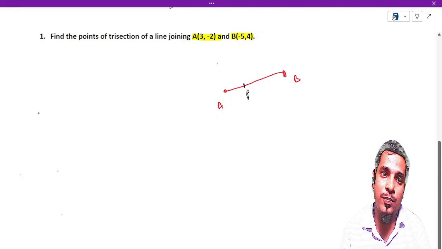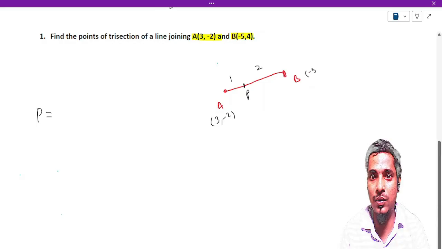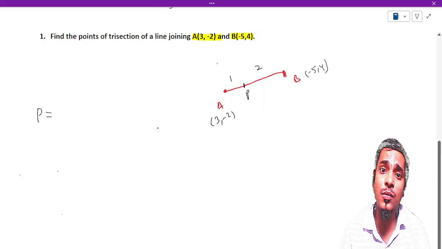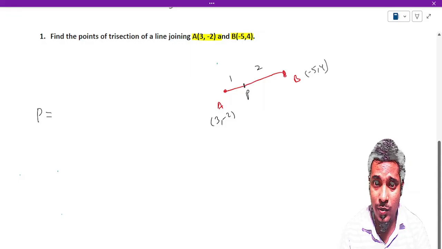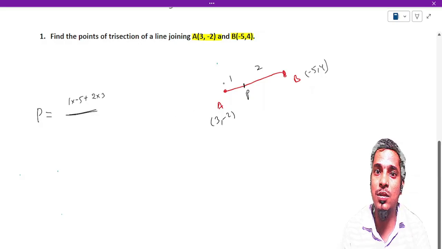So the coordinate of P is given by, as here we can say that this is 1 ratio, this is 2 ratio, right? So A is minus 5 comma 4 and B is 3 comma minus 2. So the coordinate of point P is nothing but 1 into minus 5 plus 2 into 3 divided by sum of this, 2 plus 1 is 3.